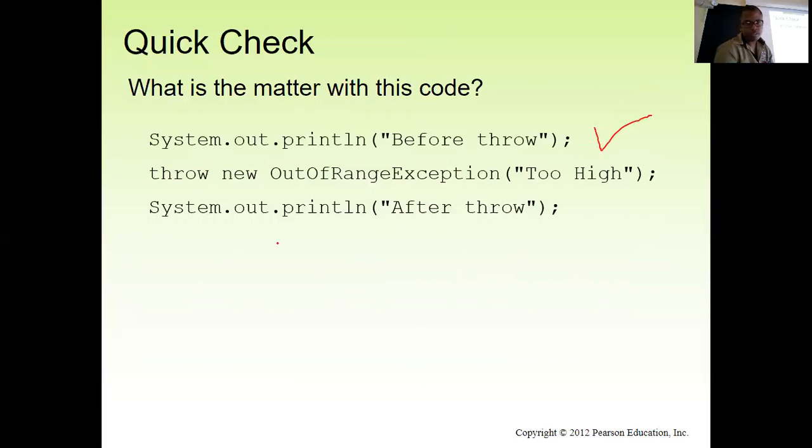The throw new IndexOutOfBoundsException is like Java saying there's an error, but in this case we write it; we say generate an exception here. Whether we generate the exception or Java generates it, whatever comes immediately after is not going to be executed. It's unreachable code. It's like having a return statement and then code after it. Once the return statement is executed, nothing below it is going to be executed.